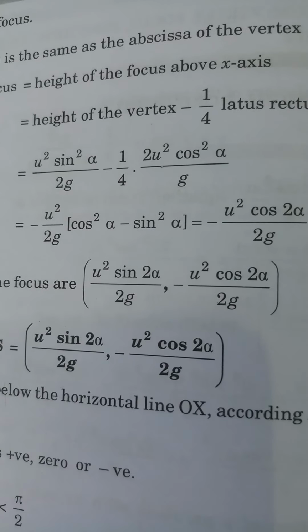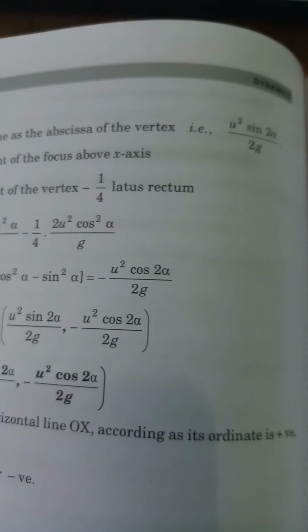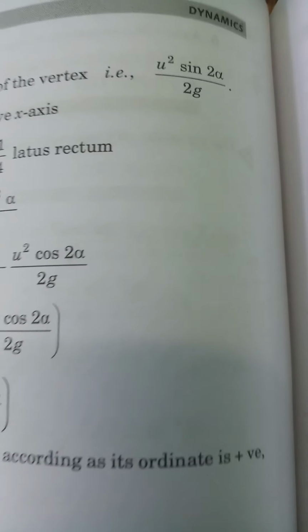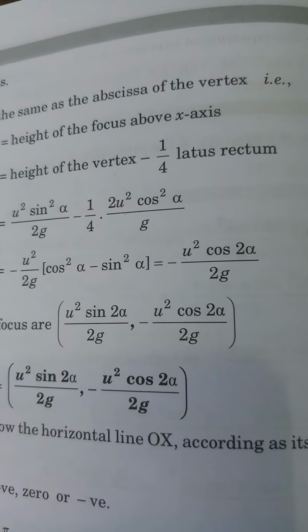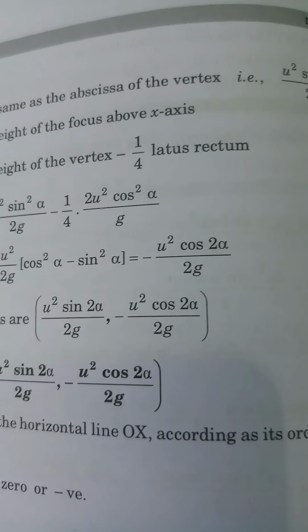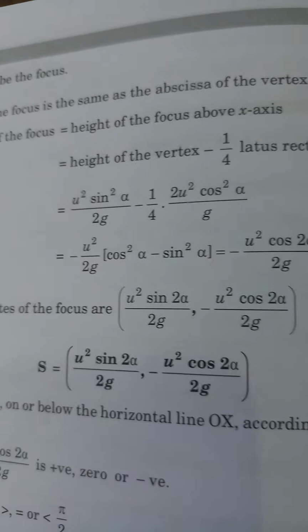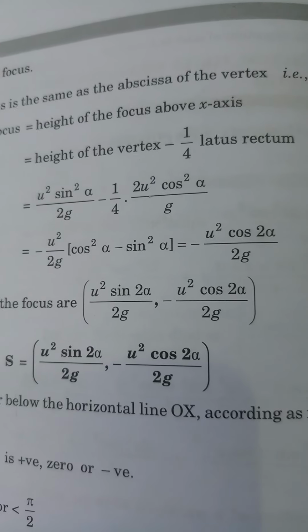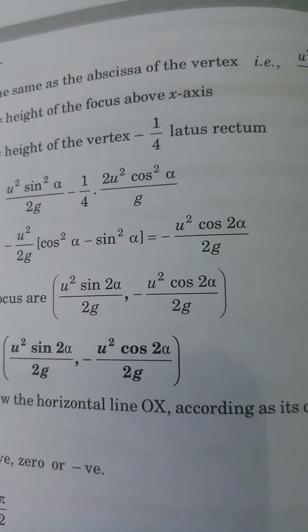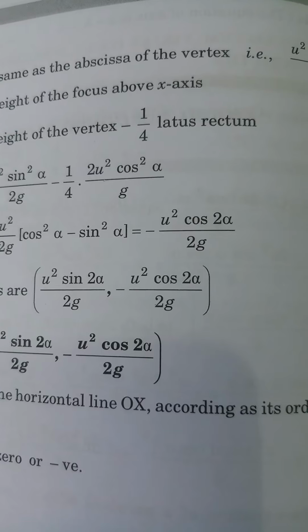Putting the value of the height of the vertex, u square sin square alpha by 2g, minus 1 by 4 of the latus rectum, which we have found to be 2u square cos square alpha by g, and taking common minus u square by 2g, it becomes cos square alpha minus sin square alpha, which is equal to minus u square cos 2 alpha by 2g.